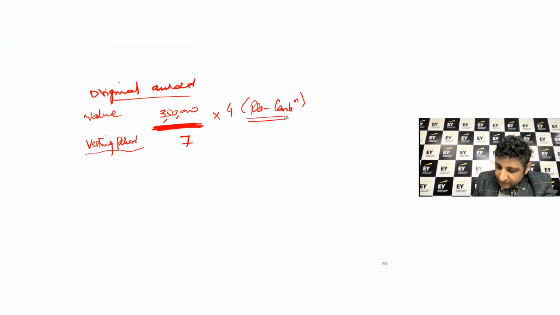So 4 years of vesting period is already gone by, which suggests that this value, 3,50,000 divided by 7 into 4, which is 2 lakh rupees, is indeed the value of the services that the employees of the acquiree have served, right?